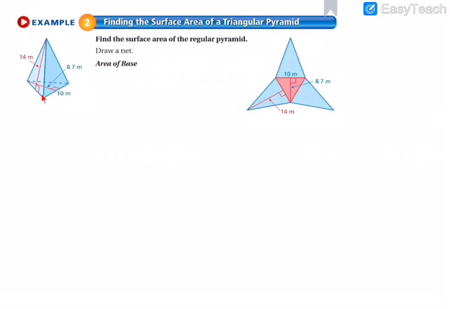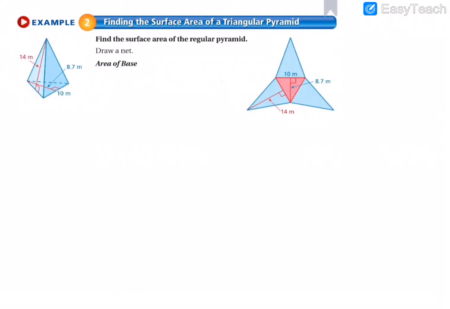When you have an equilateral triangular pyramid, you would only need to find that area once, and then just multiply it by the 4 sides. But this is not going to be the case. This is just a regular triangular pyramid. So we're going to do the same thing.